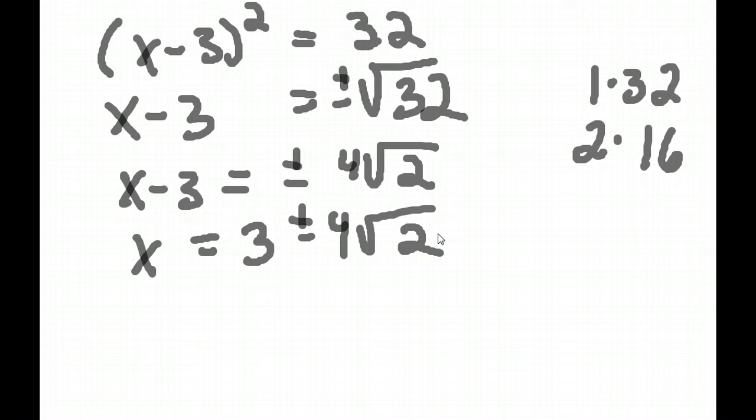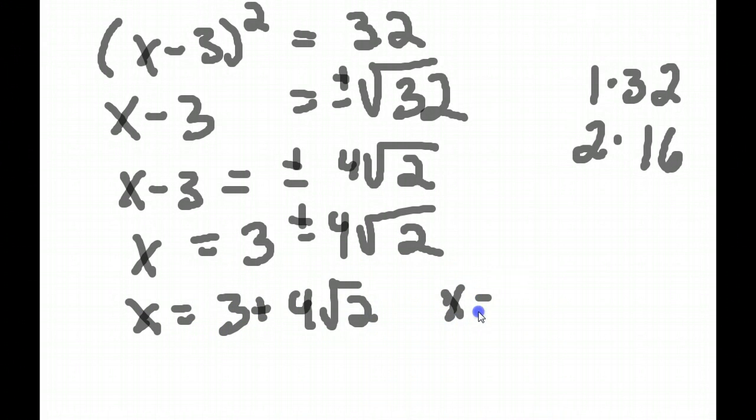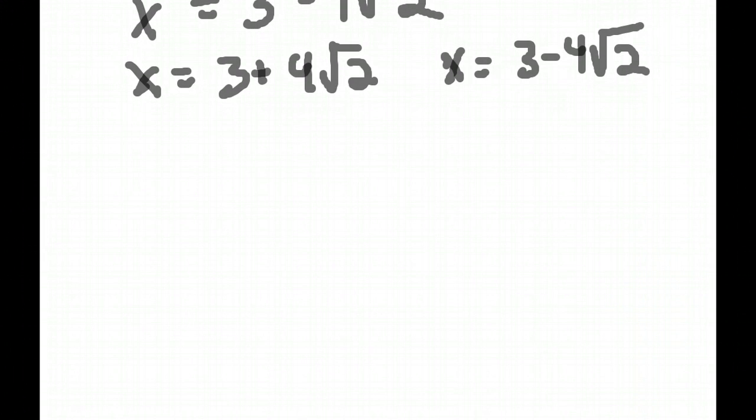Then we break this apart: x equals 3 plus 4 radical 2 and x equals 3 minus 4 radical 2. Remember, it's a plus or minus in front of our radical. And those are your answers if you leave it in radical form.